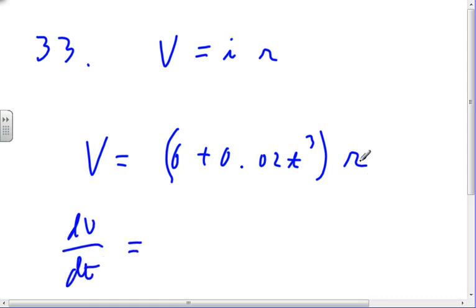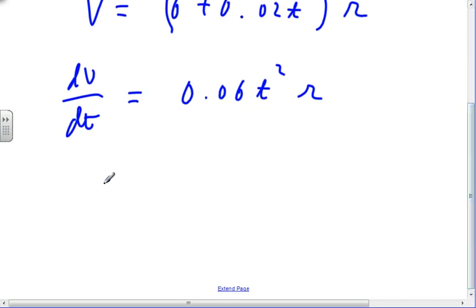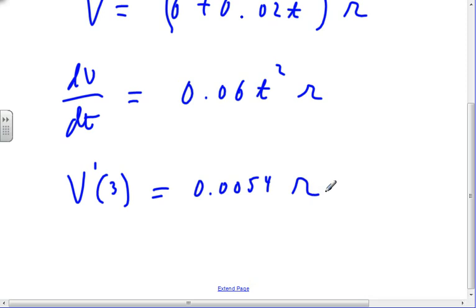R is a constant, so it can still stay there. 0.06 t squared R. And then we want it at time t equals 3, so V prime at 3. That's 9, and 9 times 6 is 54. 0.06 times 9 is 0.54 R.